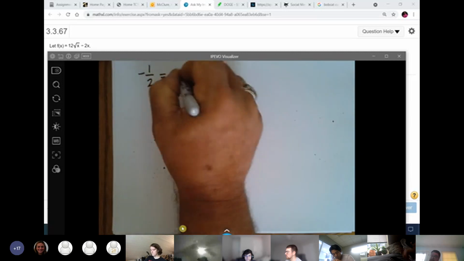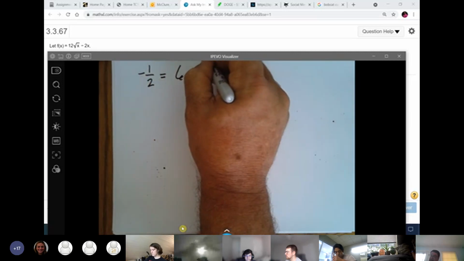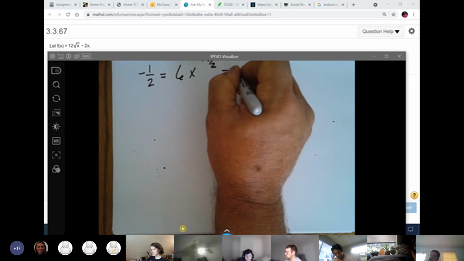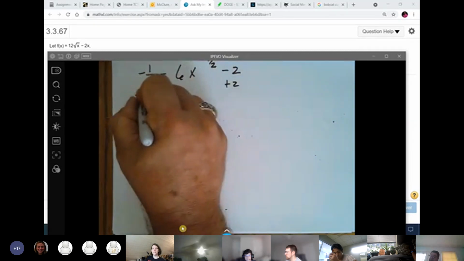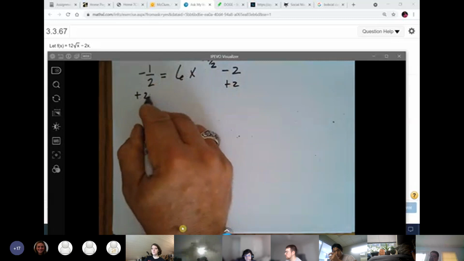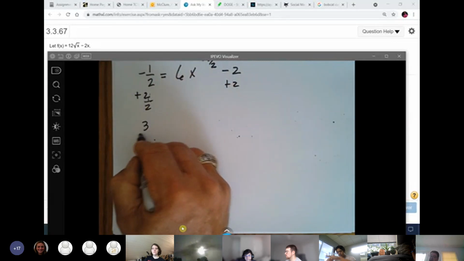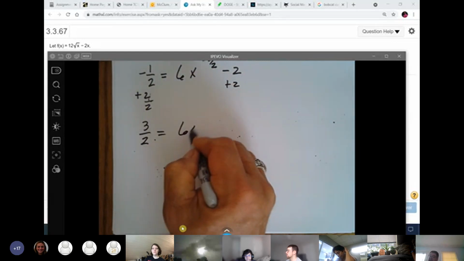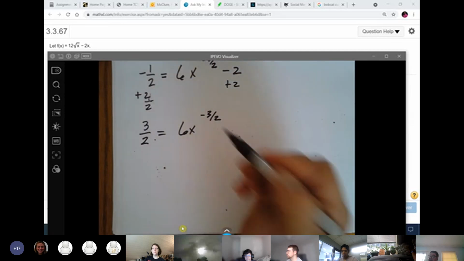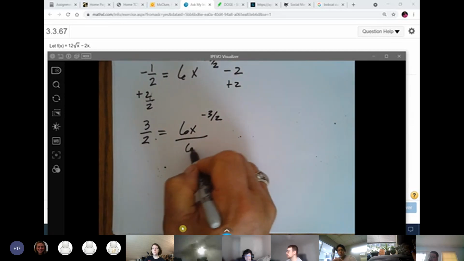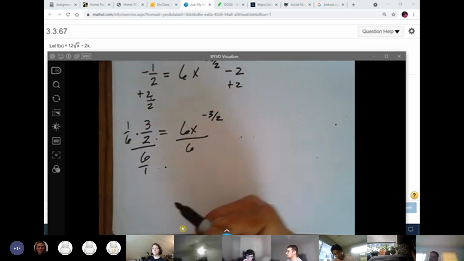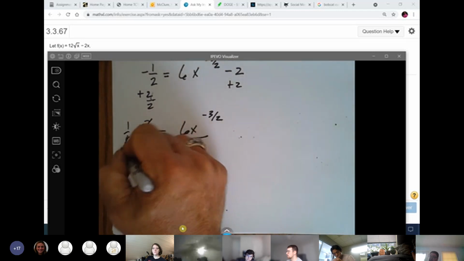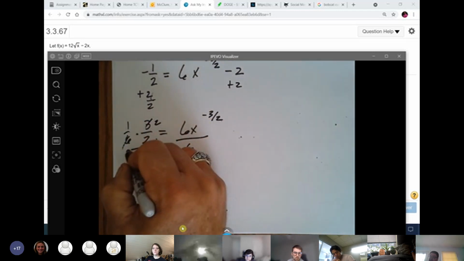-1/2 is equal to 6x to the negative 3 halves minus 2. I'm going to add 2, and that's going to be 4 halves, so that's 3 halves equals 6x to the negative 3 halves. There we go. Divide by 6, multiply by 1 over 6, and that cancels, that's a 1 and that's a 2.